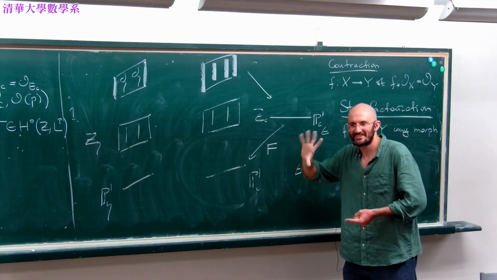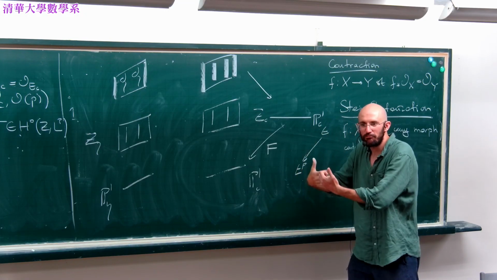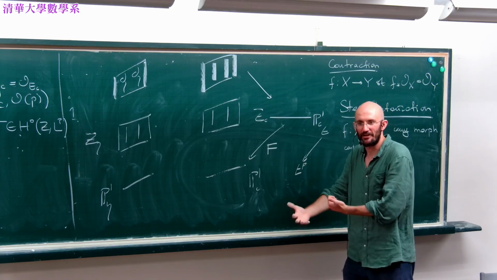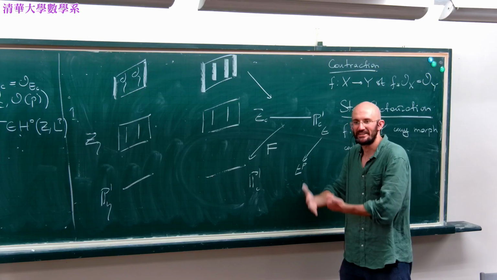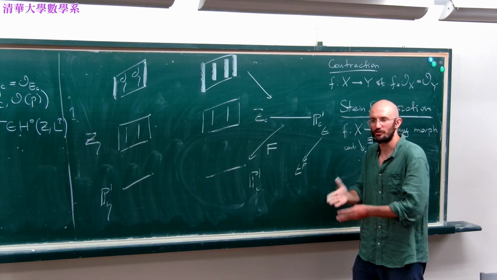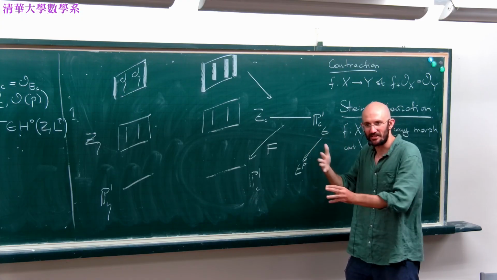So there is this weird finite map which is a homeomorphism but is not an isomorphism at the level of functions. And that is what goes wrong. Topology and algebra mix in a very unpleasant way.